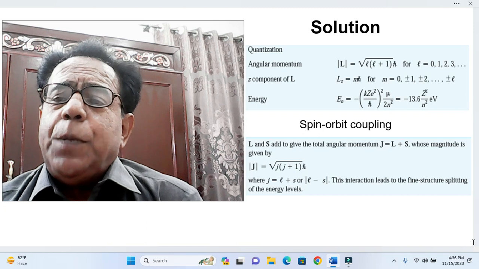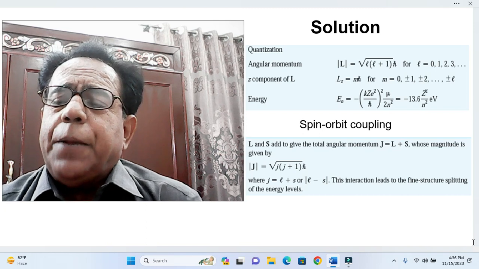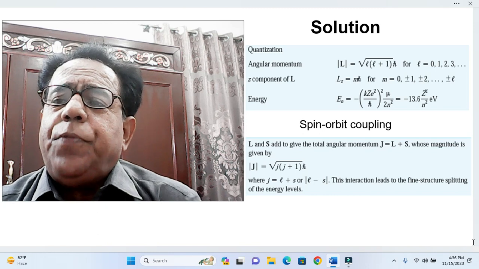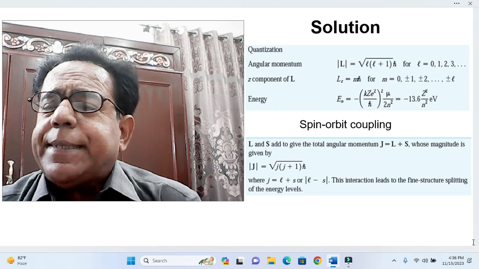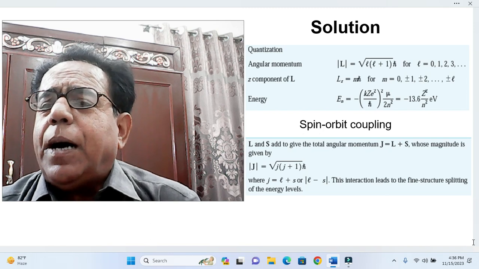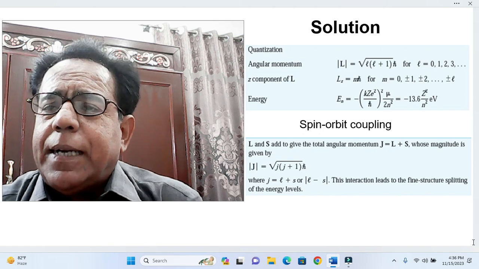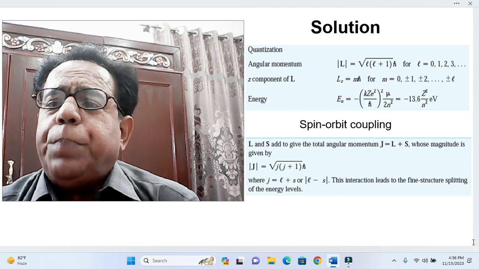The second important point from this snapshot is the z component of L. Lz, where z is written as a subscript of L, is equal to m into h bar, where h bar is Planck's constant divided by 2 pi.